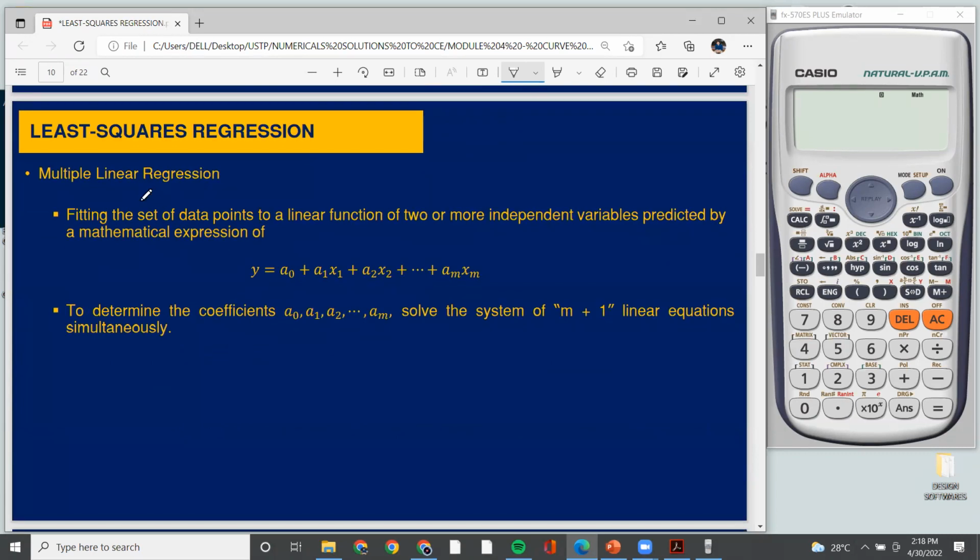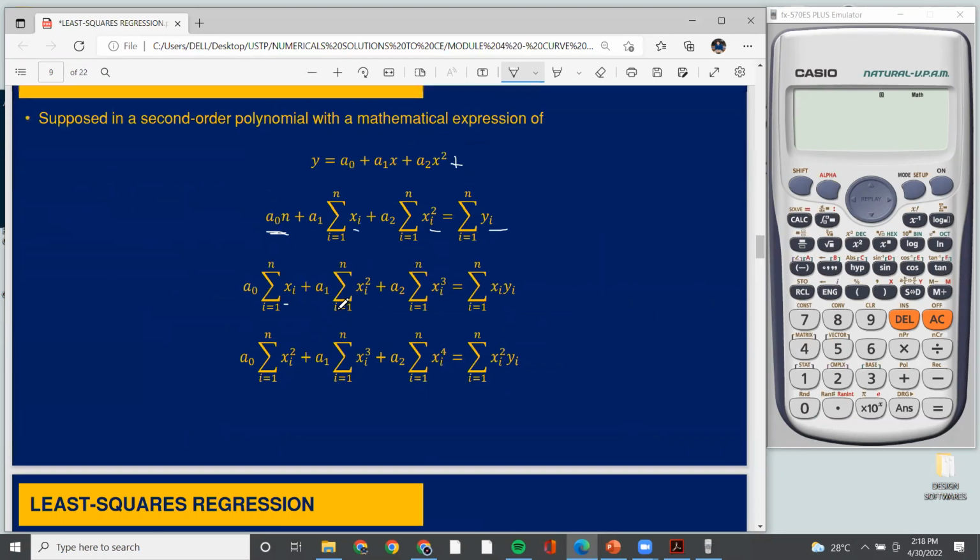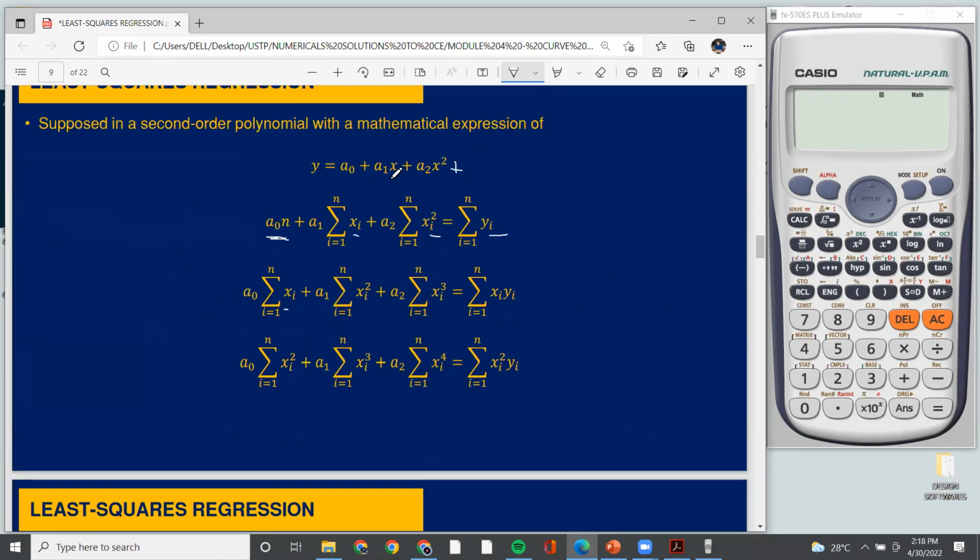Next is the multiple linear regression. Now, fitting the set of data points to a linear function of two or more independent variables predicted by a mathematical expression of, so multiple lang ato ang variable na x sub 1 na x sub 2. So dili lang x tanan, diri x ra tanan.